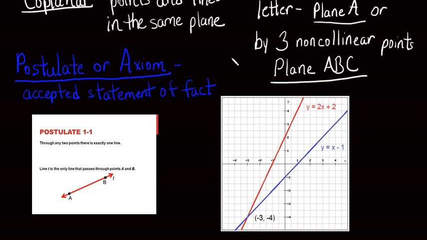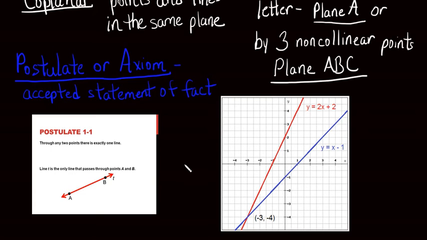So right here, our first postulate, named 1.1, says that through any 2 points there is exactly one line. So if you see point A and point B, we can draw exactly one line through those points. And line T here is what's passing through. It's the only one that's going to pass through. No more lines can pass through that.